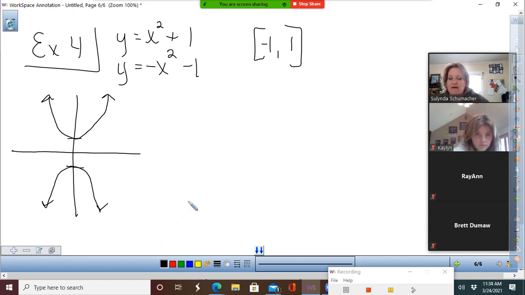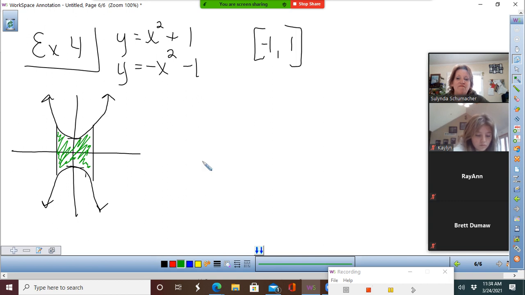Okay, and then you're only doing the area from negative 1 to positive 1. Okay, so we're doing this beautiful little area right in here. Okay, so again, they've already given you your bounds, so you don't need to find those.